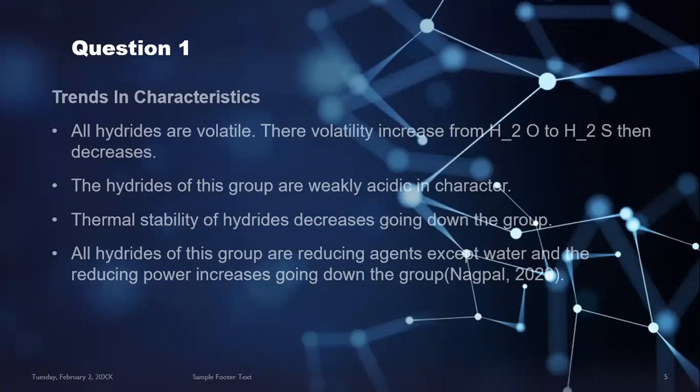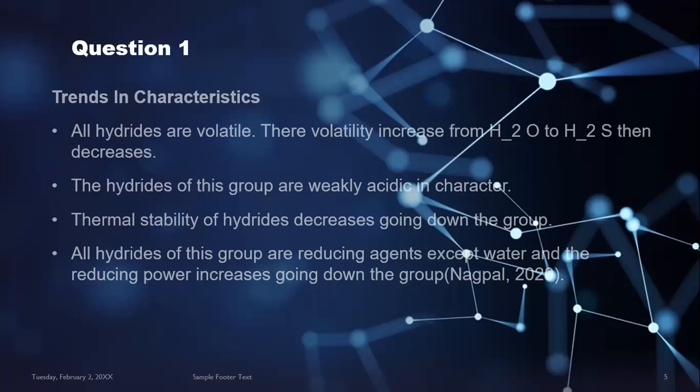The explanation for this is the strong hydrogen bonding between water molecules, and hydrogen bonding is not present in all the other hydrides. The intermolecular forces between hydrides, except water, are van der Waals forces.